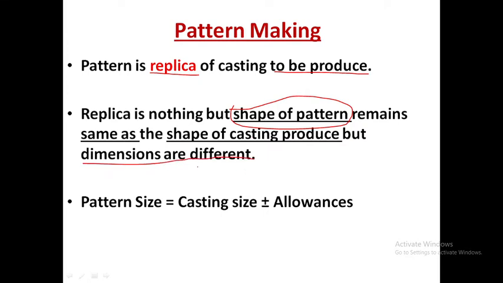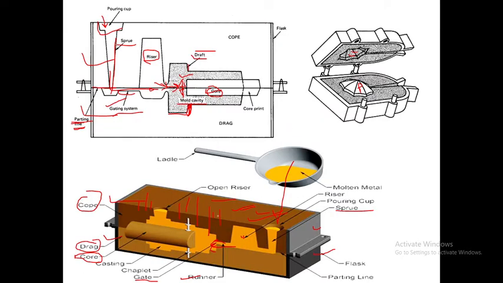Now here you can see, on one side we are saying that it is the replica of the casting which is to be produced, and on the other side we are saying that some dimensions are different. Why? As I said earlier, the pattern dimensions are there, but whenever the molten metal solidifies it shrinks.